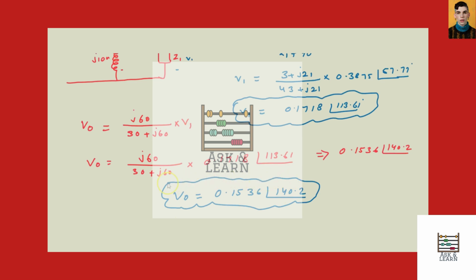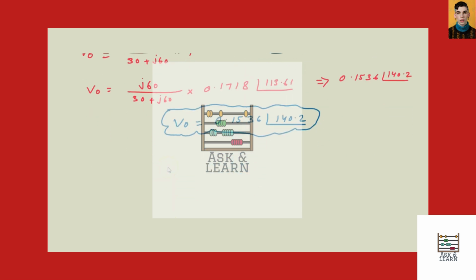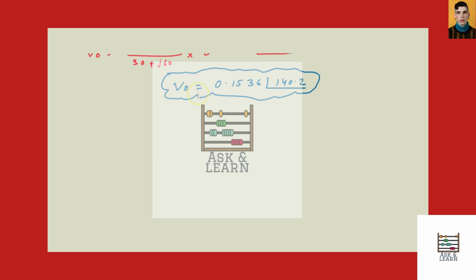So in this question it is asked for the phase shift. Okay, so this angle will be our phase shift. This angle will be our phase shift. So our phase shift will be 140.2 degree.